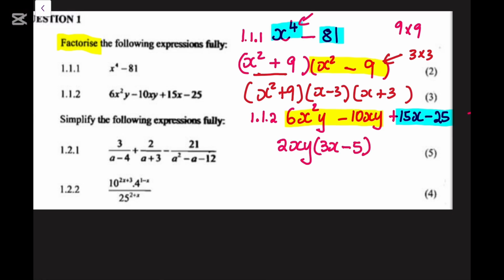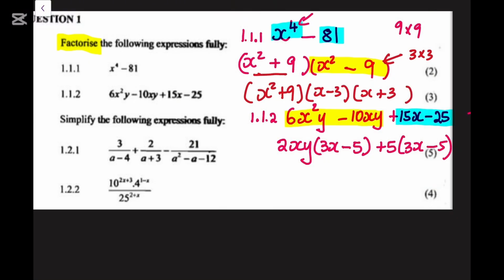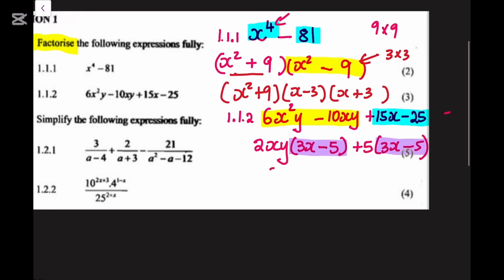If you look at the last 2 terms, our common factor will be 5, and then you will remain with 3x minus 5. Now again, after factorizing, you realize that you still have another common factor here. You can take it out again. The common factor is 3x minus 5, and then in the first term you remain with 2xy and then plus 5. And then you have factorized fully.